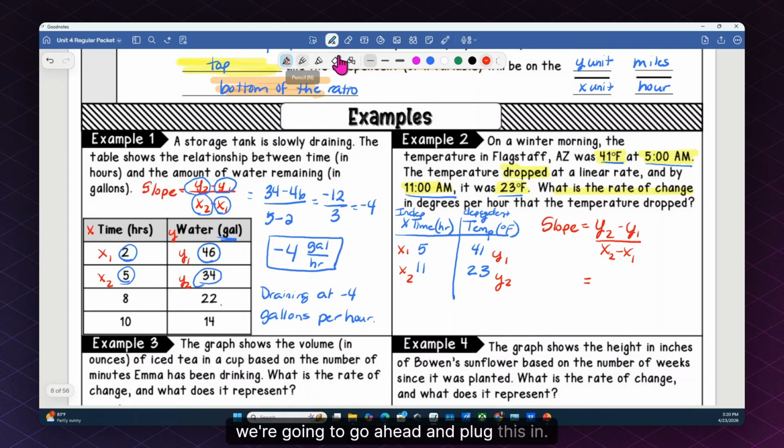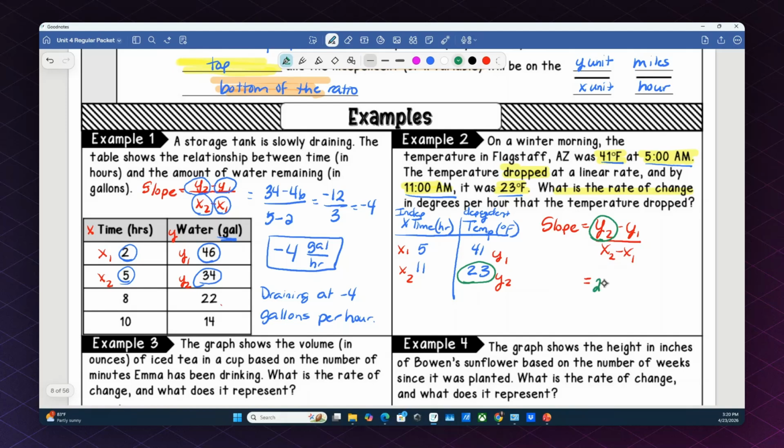All right, so let's see. We're going to go ahead and plug this in. So let me grab this. We've got y2 is right here. That's my 23. So I'm going to write 23 minus my y1 is next. So that's 41, divided by my x2, and that's 11. And then we've got x1, which is 5.